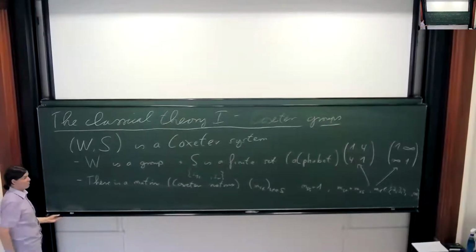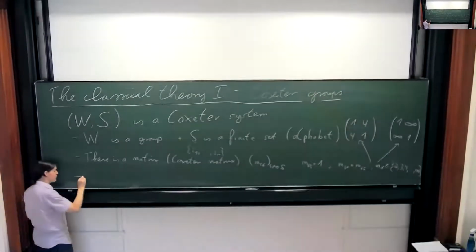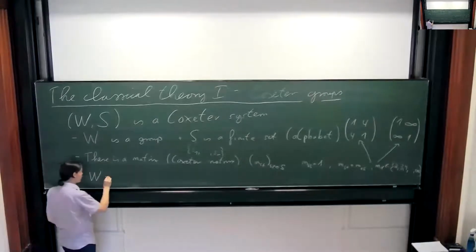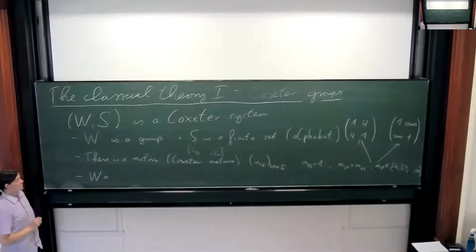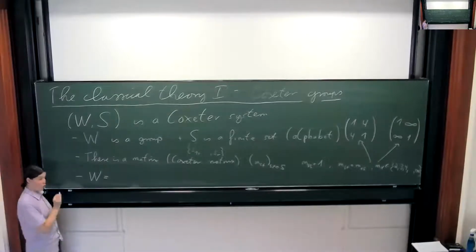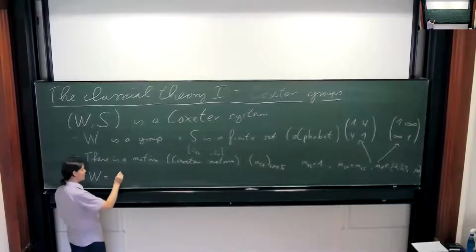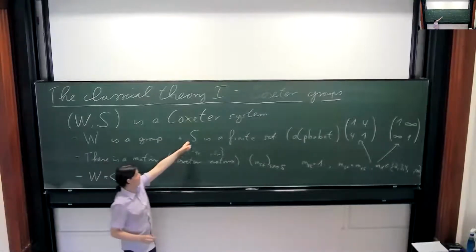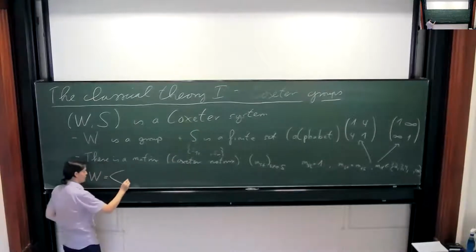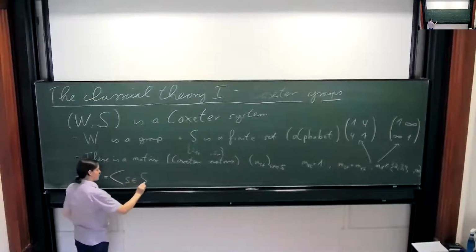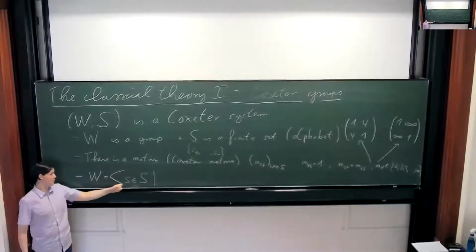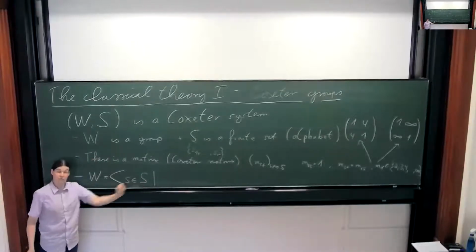And the point will now be that the group W actually has a generators and relations presentation. I will explain in a second, using examples, what that means. It is actually generated by the elements of my set S. This just means any element here is a finite word in those symbols.